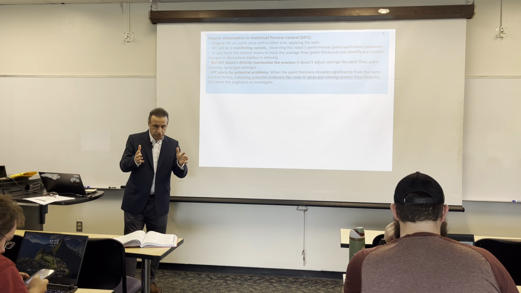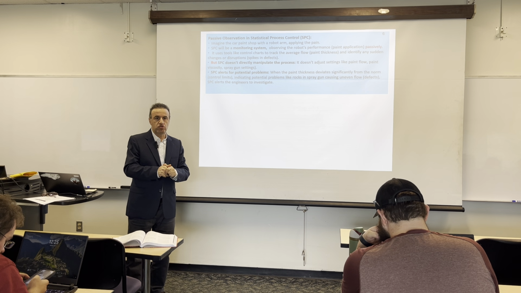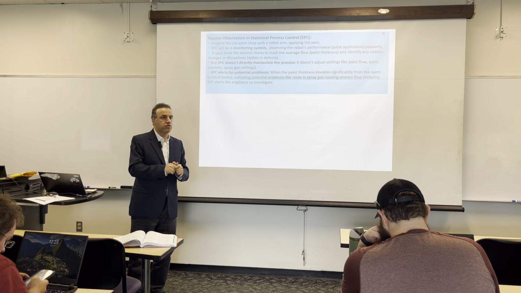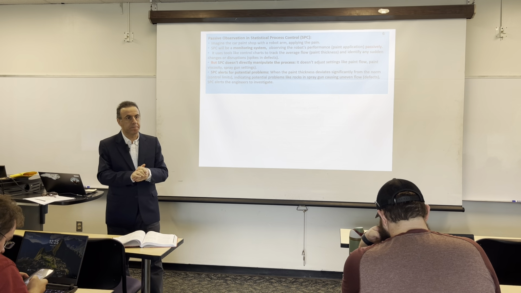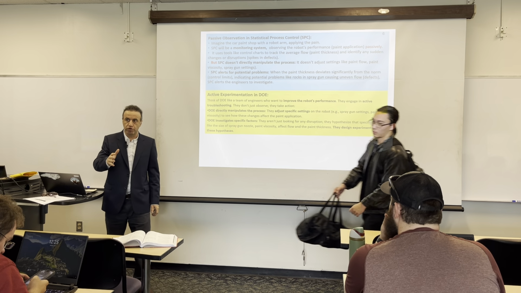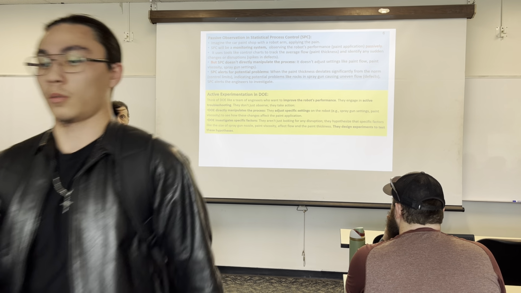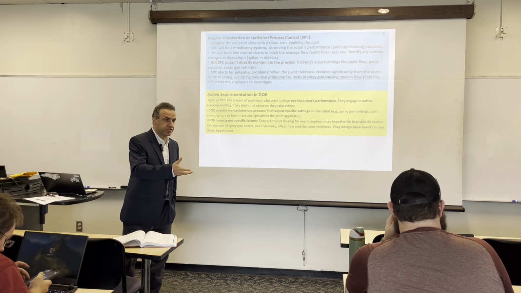So this is passive. But DOE is active. So you're producing some parts, and you see the part should be better. So how can we make it better? In that process, we are going to improve by manipulating the factors, right?